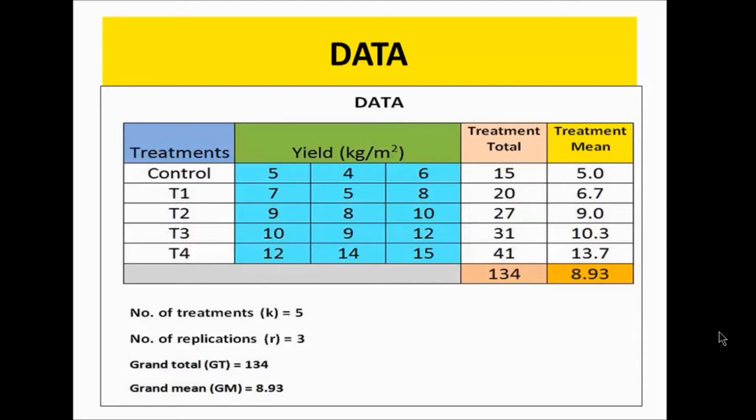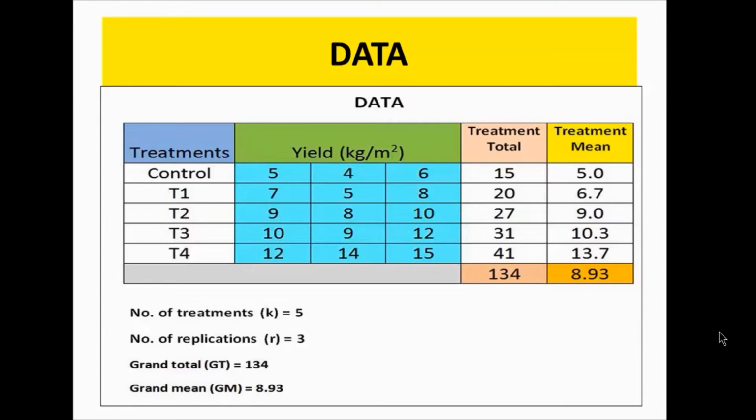For control, we have a treatment total of 15, treatment 1, 20, treatment 2, 27, treatment 3, 31, and treatment 4, 41. If you add all these entries in the 3 replicates, or you add all the treatment totals, then you'll find 134.